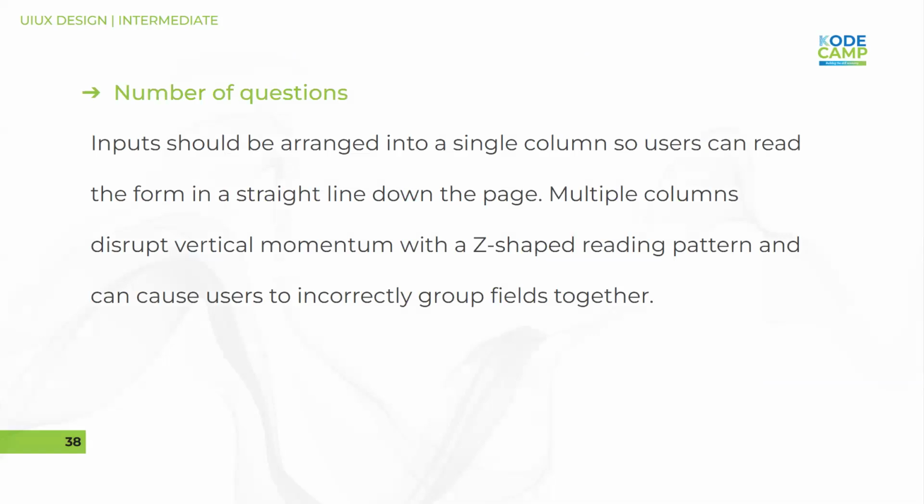Inputs should be arranged into a single column so users can read in a straight line down the page. Multiple columns disrupt vertical momentum, interfere with a Z-shaped reading pattern, and can cause users to incorrectly group fields together.